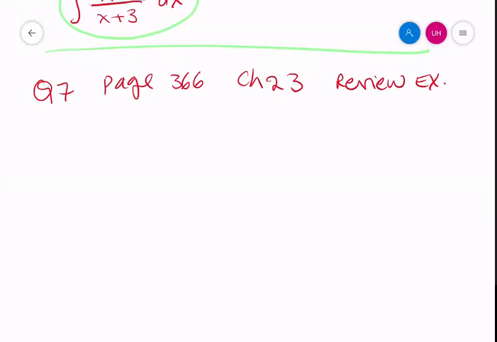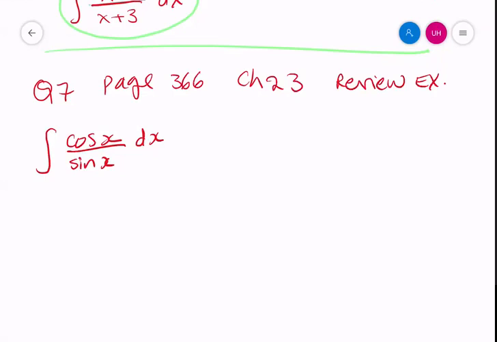We have the integration of cosine x over sine x dx. Look at the denominator at the bottom. What's the derivative of the sine? Cosine. Do we have the derivative at the top? Yes.